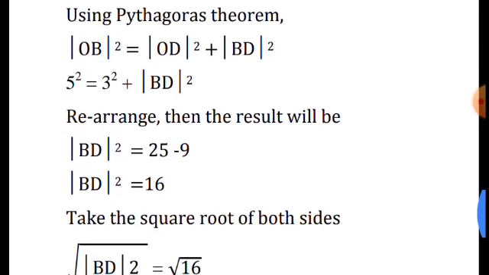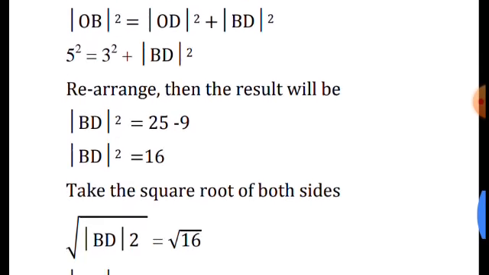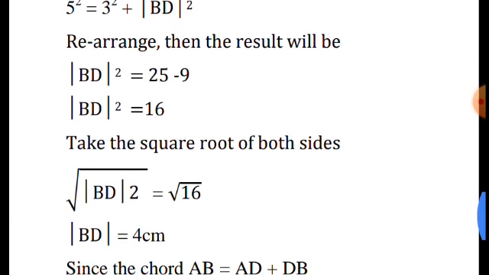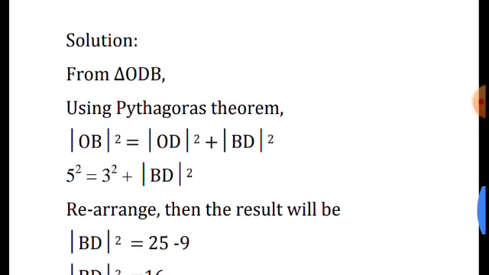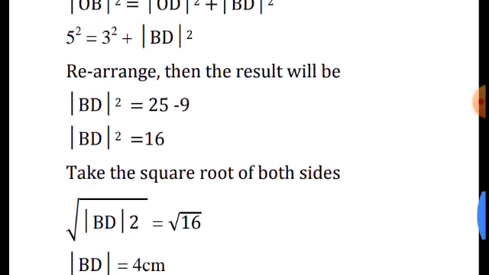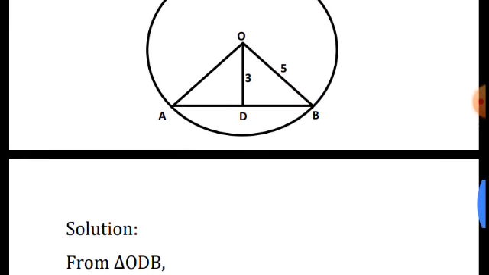Take the square root of both sides. So when we take the square root of both sides, then our BD will become 4 centimeter. Now remember that since the chord AB is equal to AD plus DB, and we all know that if our DB is 4 centimeter, automatically our AD will also be 4 centimeter because AO is equal to OB.